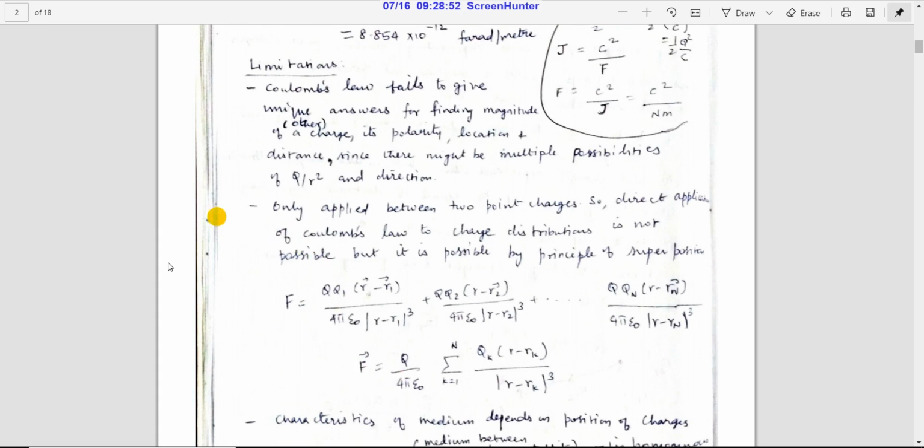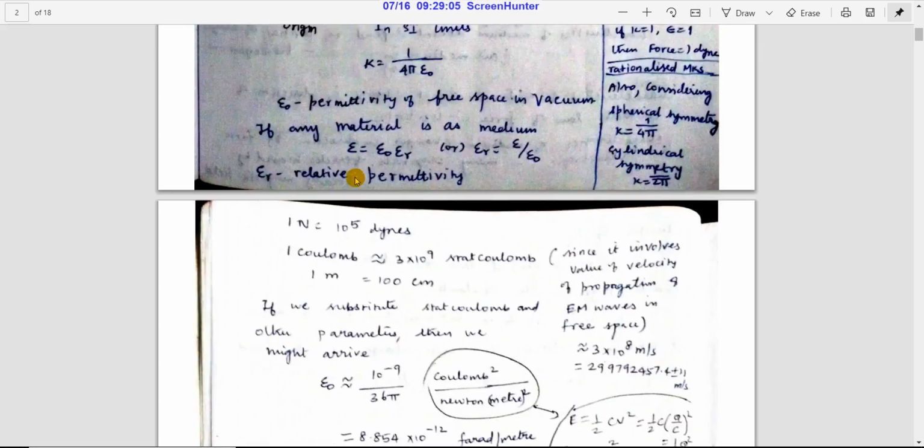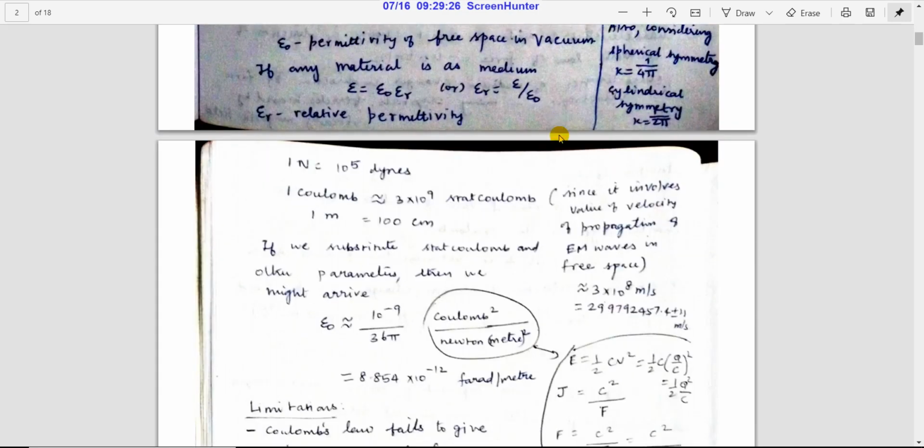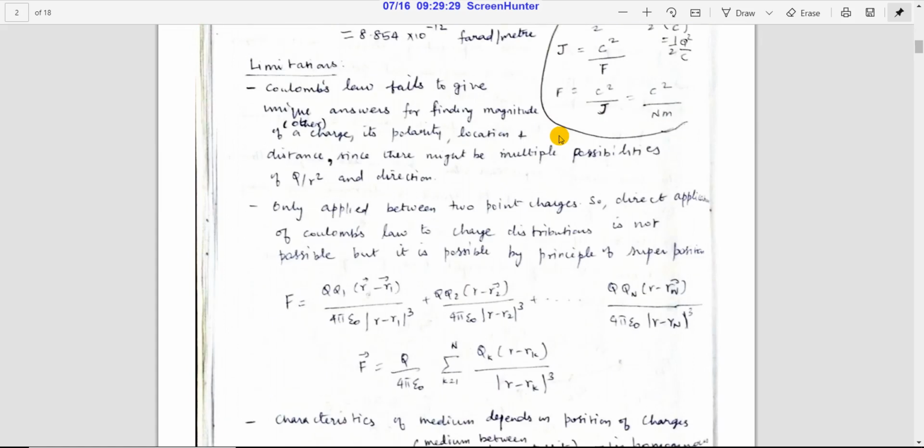The limitations of Coulomb's law are very important. First limitation: Coulomb's law fails to give unique answers for finding the magnitude of other charges. If you are given one charge value and the force, and you want to find out the other charge, this cannot be applied, because Coulomb's law will not give the correct answer for that problem.